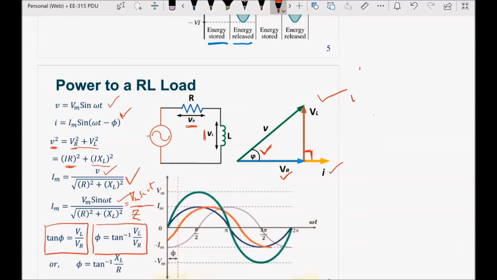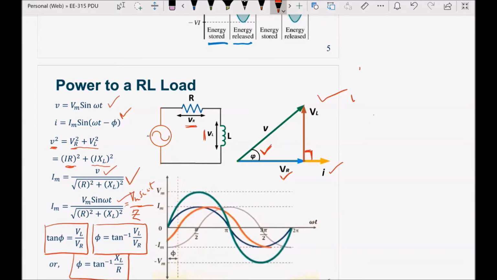And if we put VL equal to I XL and VR equal to I R, I and I can be cancelled out, and the same expression can be written in the form of reactance and resistance.